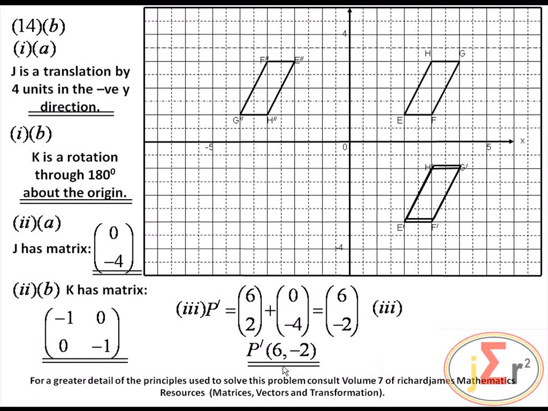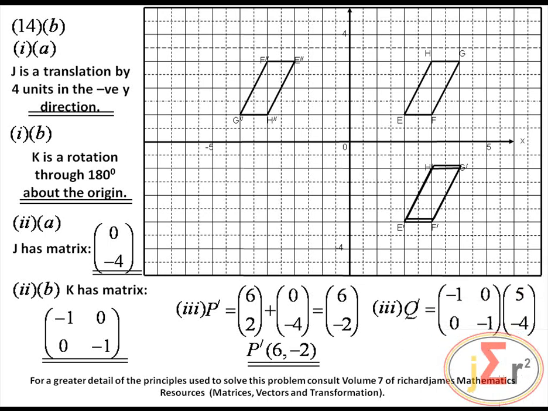Next, we need to transform the point Q, 5, -4, onto its image Q prime by the transformation K. And of course, all other matrices of transformation, with the exception of translations, are 2 by 2 matrices that are multiplied by the points to be transformed.